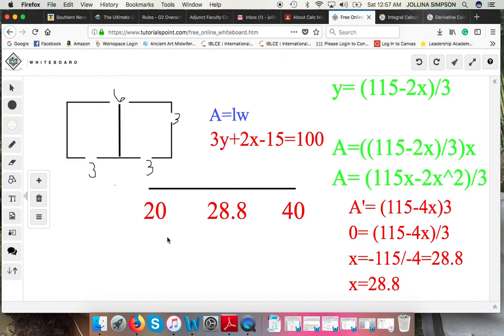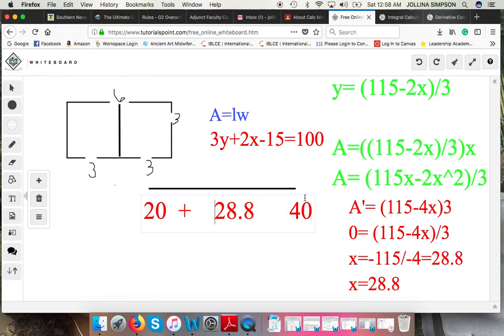All right, so what we're going to do is plug 20 into our x value here and see what happens. So if we plug 20 into our x value here, that's going to give us 80. So 115 minus 80 is still a positive number. Divided by 3 is still a positive number. So we can see that this is positive, right?